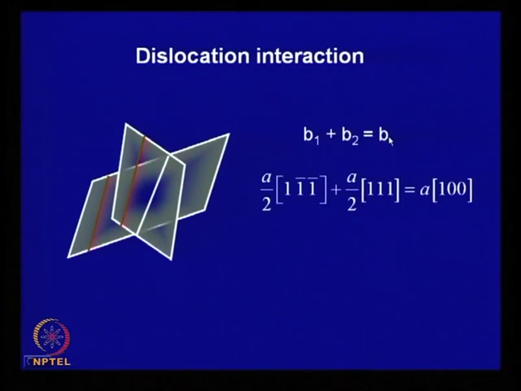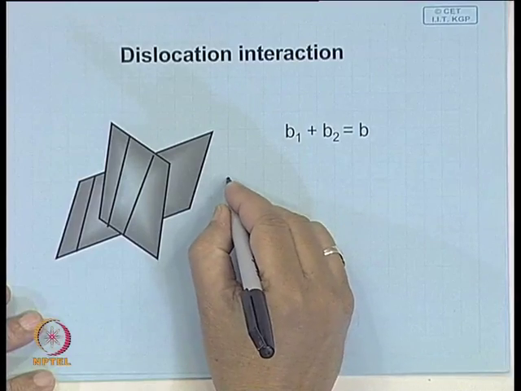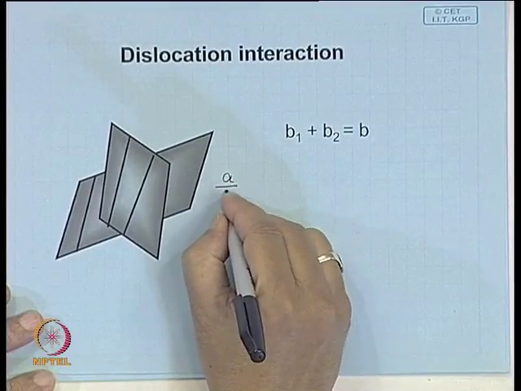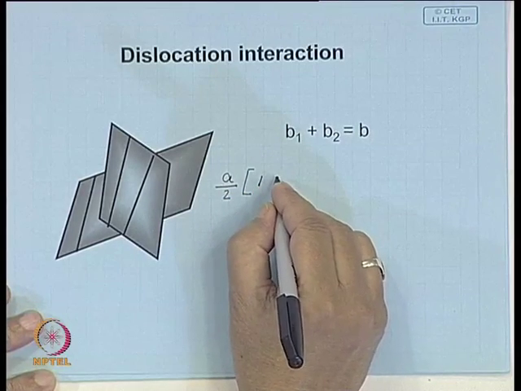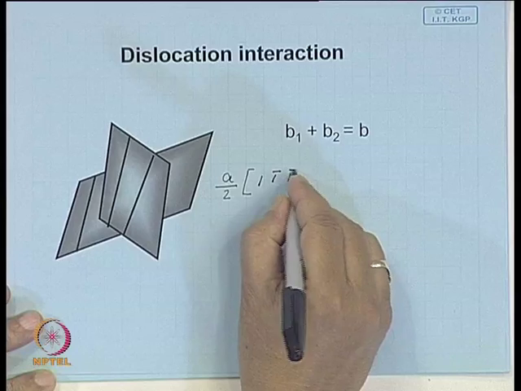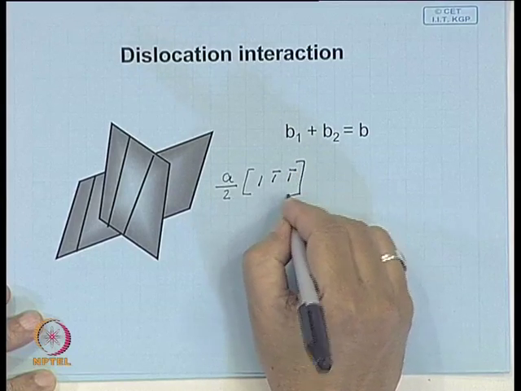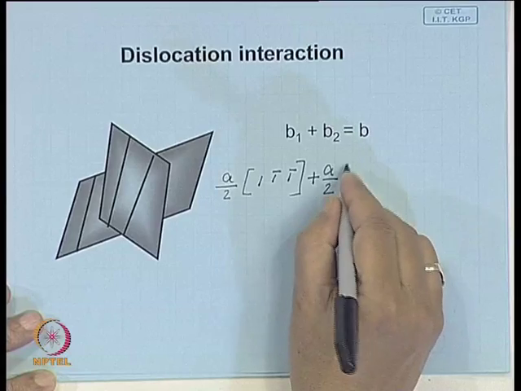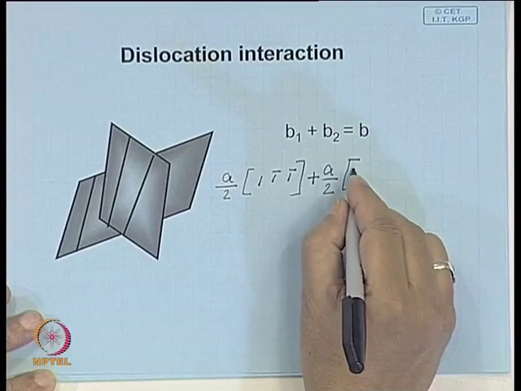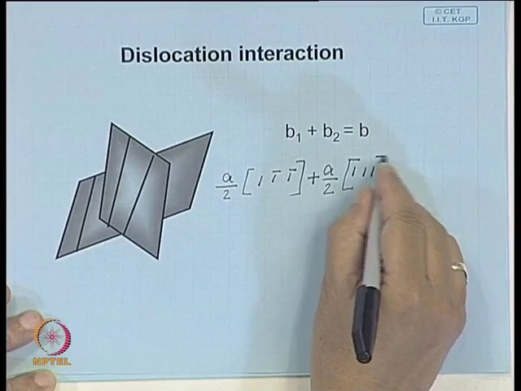another dislocation with a different Burgers vector? These are all vector notations, so you can add them up. Basically, if you try it, this is a/2 [1 1bar 1bar] plus a/2 [1 1 1].